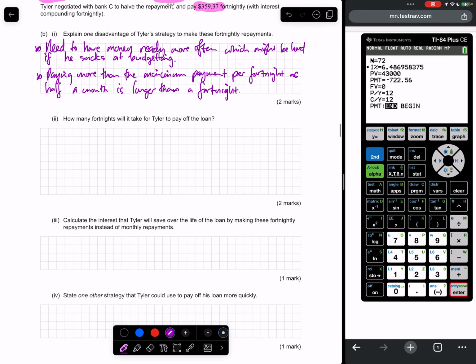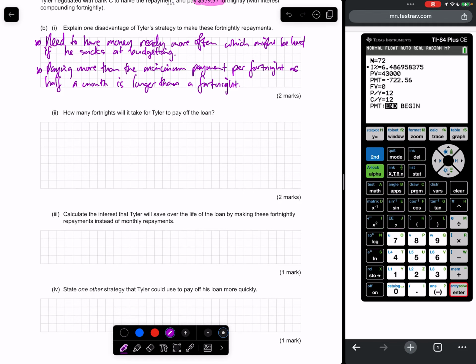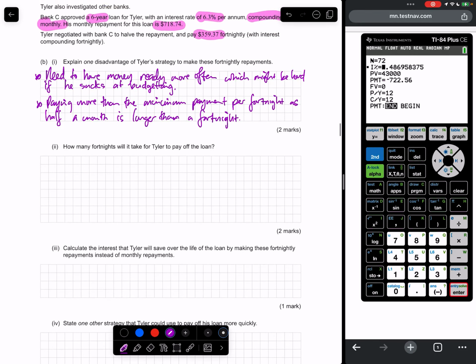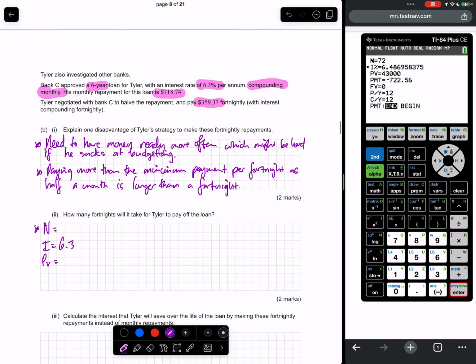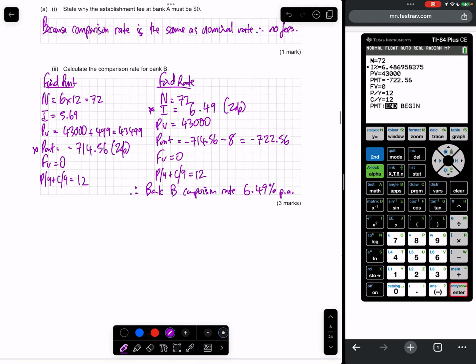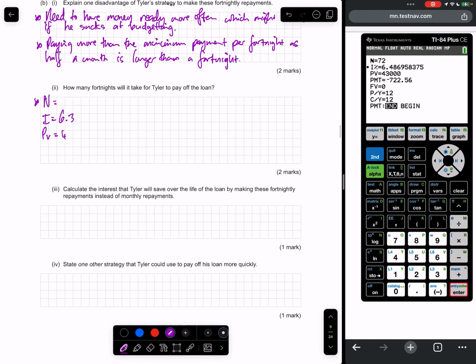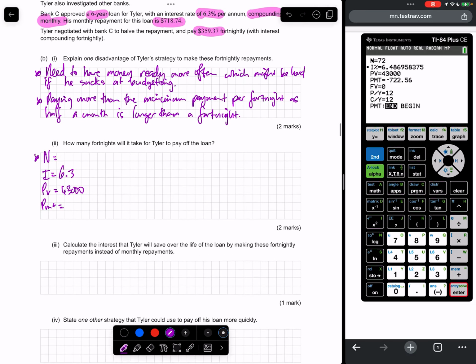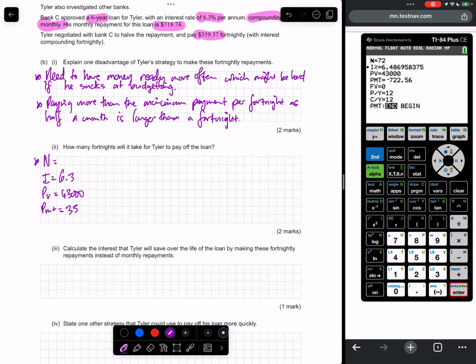So, up to you. How many fortnights will it take for Tyler to pay off the loan? So, N is what we're solving for. The interest rate of this new loan was 6.3. PV was for, what was it for originally? 43,000. PMT, he is paying negative 359.37 fortnightly.